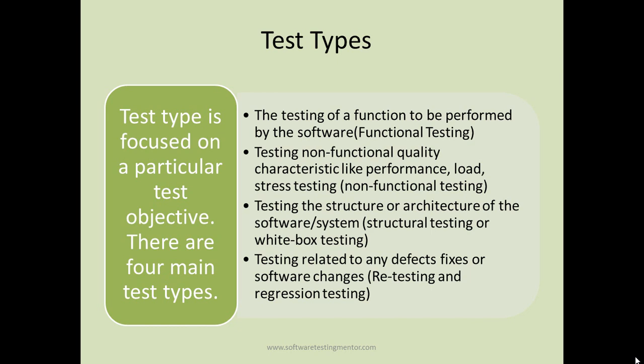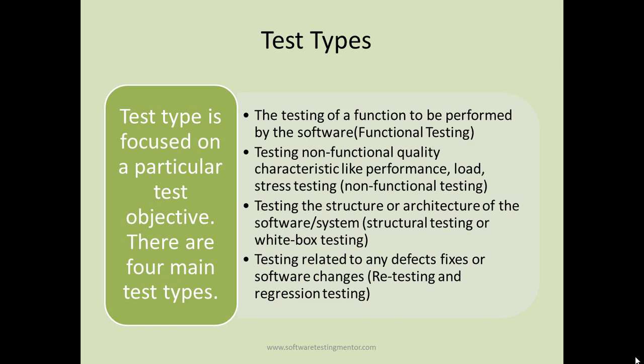So why have we done such a classification? It's just because each of these classifications focuses on a particular objective. There is a certain objective associated with different test types. In functional testing, the objective is to test only the functionality: whether it is being implemented as per the requirements, and whether it meets the end user requirements or not.